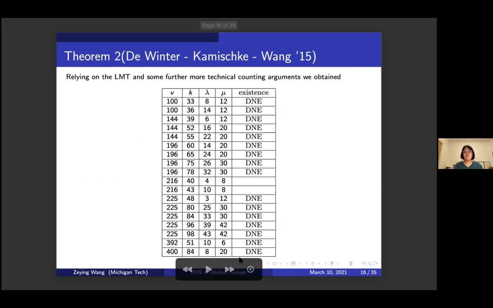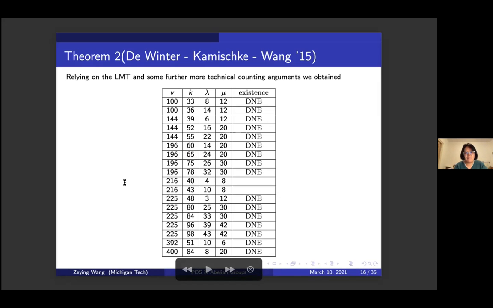I don't want to talk about the other techniques we used, but for this table, after that paper, we have 2 cases left. In this table, there are 6 interesting cases. 100 is 4 times 25, 196 is 4 times 49, so this is 4 times 5 squared, and this is 4 times 7 squared.